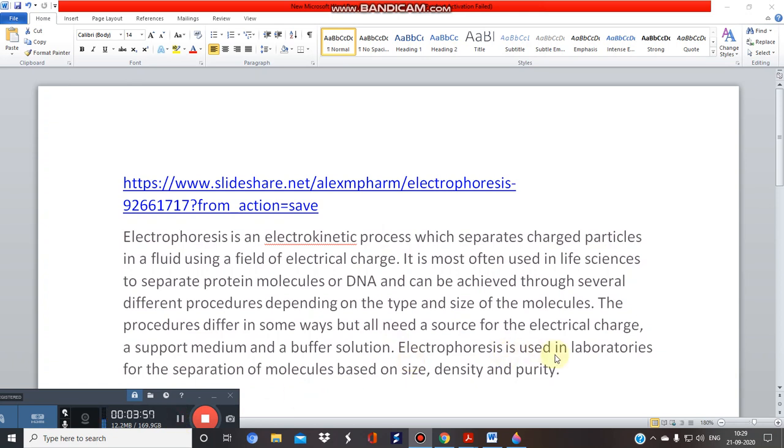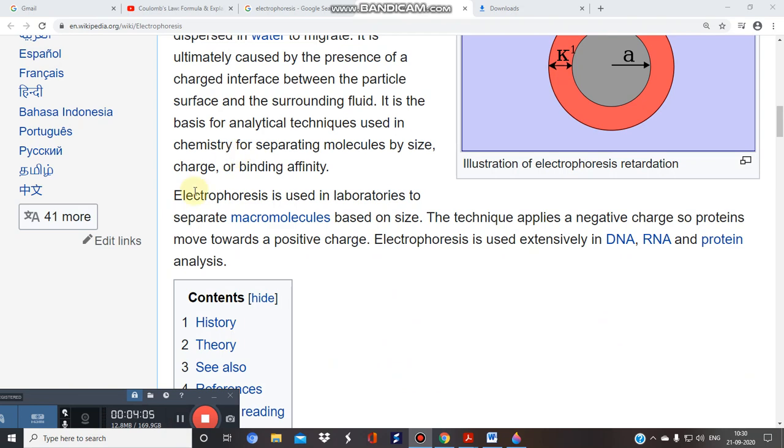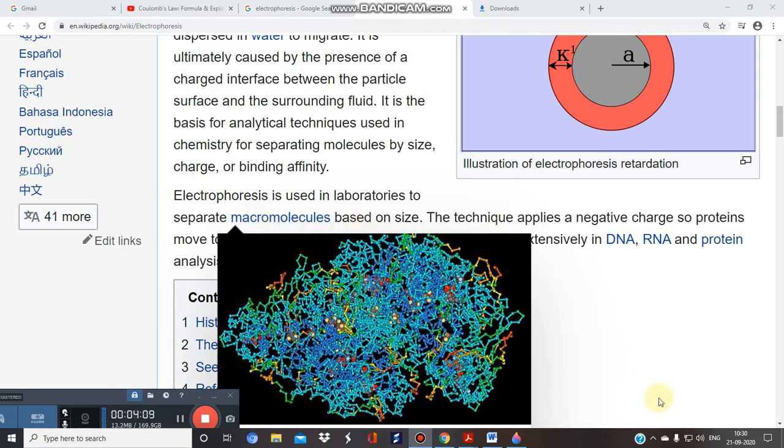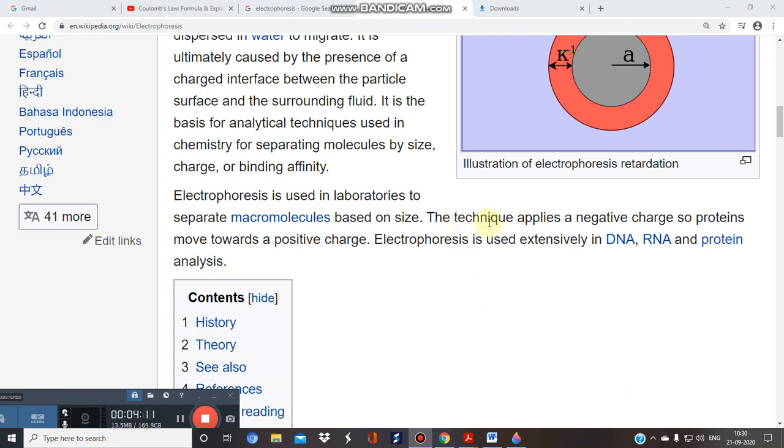In laboratories it is used for the separation of molecules based upon size, density and purity. The technique applies to important macromolecules like DNA, RNA and, of course, protein analysis.